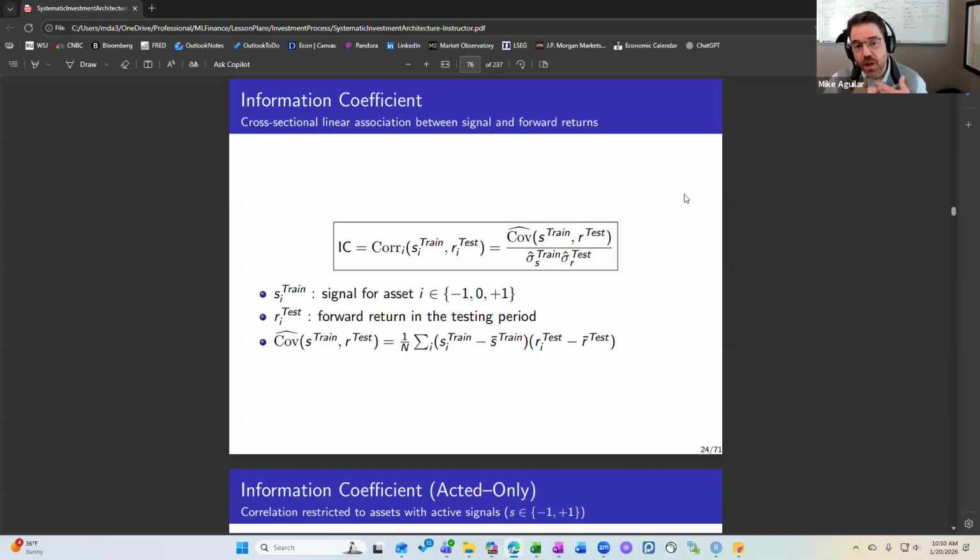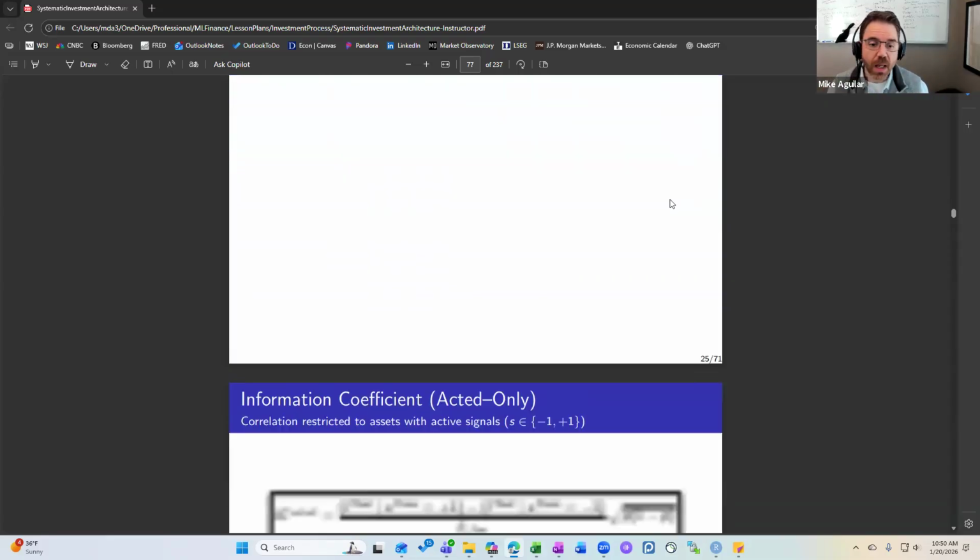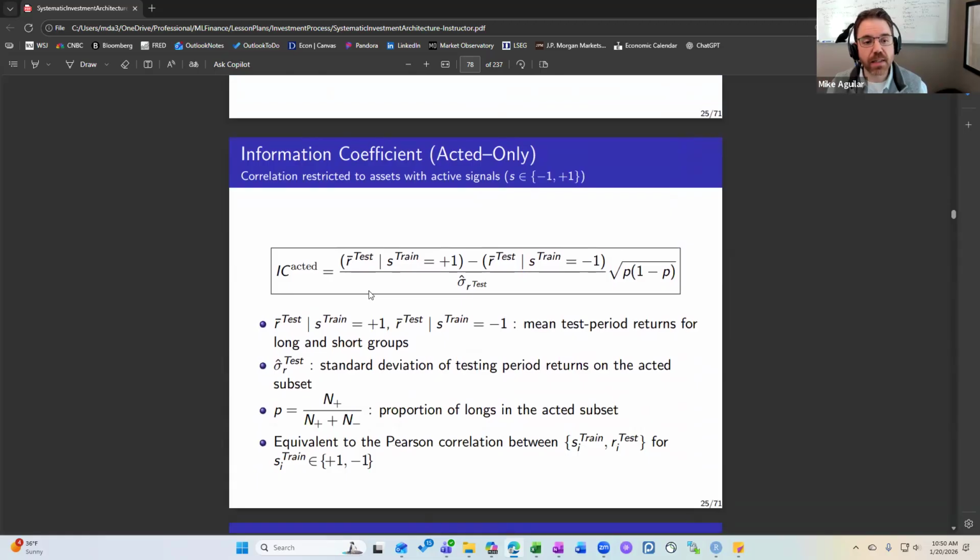And I can do that across all of the assets, or I could take a subset. I can take a subset for only those in which I acted, I made a trade, minus 1 or plus 1, short or long, respectively. So the way that you would do that is using some type of binary classification. It's like a binomial distribution, effectively, where p is the proportion of longs in the acted subset.